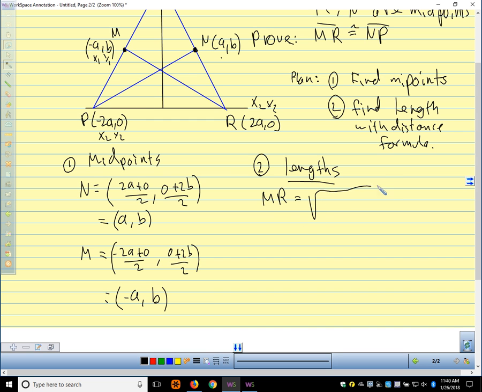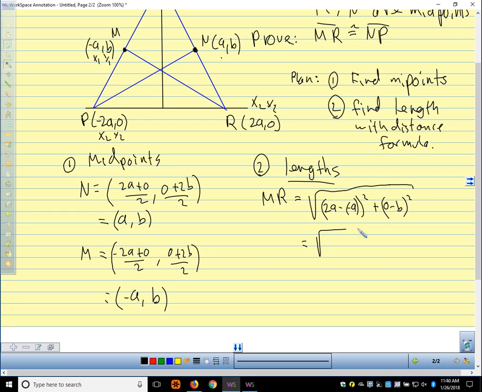Use the distance formula, square root, x2 minus x1, 2a minus negative a, squared, plus y2 minus y1, 0 minus b, squared.